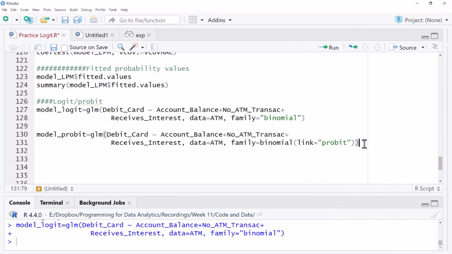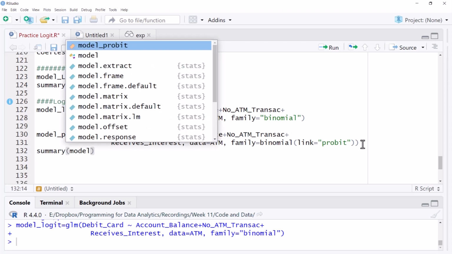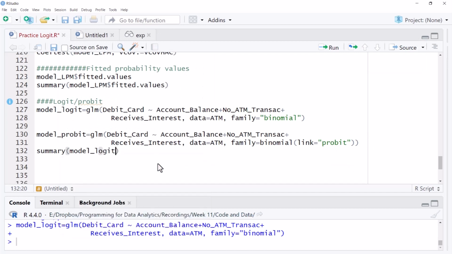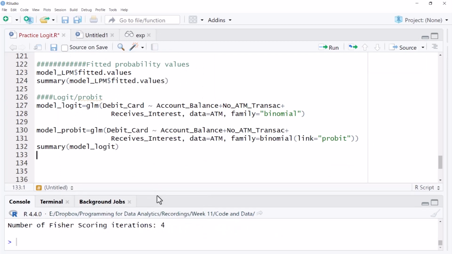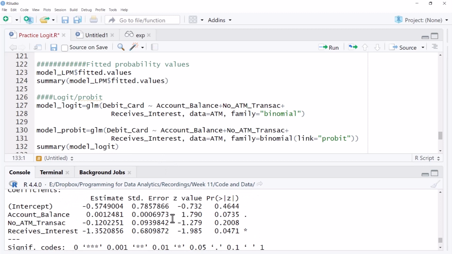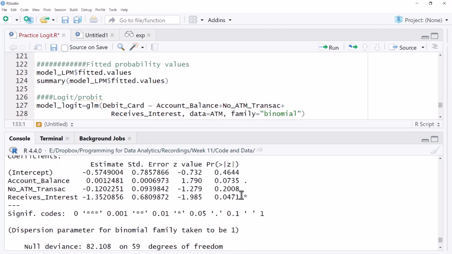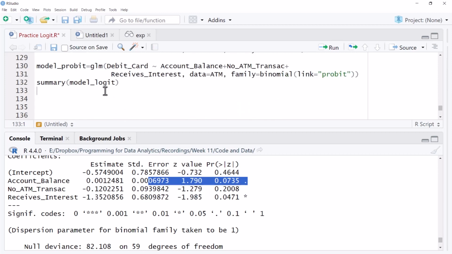Let us summarize them and compare. Applying summary to model_logit, this is the output you get as per the logit. Again, receives interest is significant, account balance is significant. Let's see if probit has a very different kind of result. So let's apply probit.